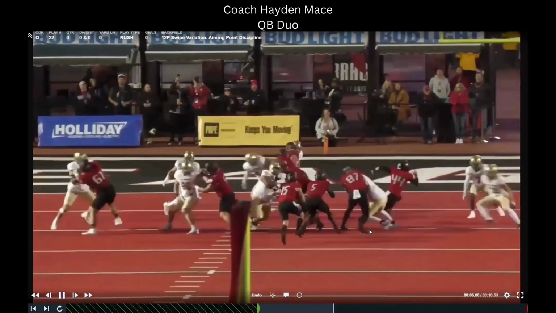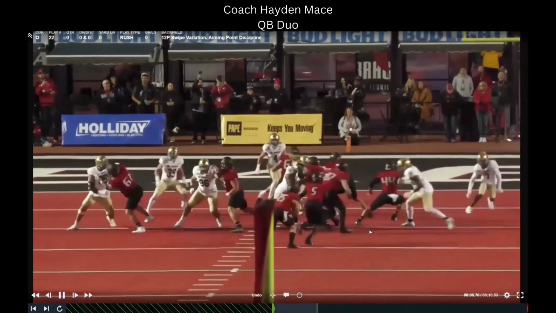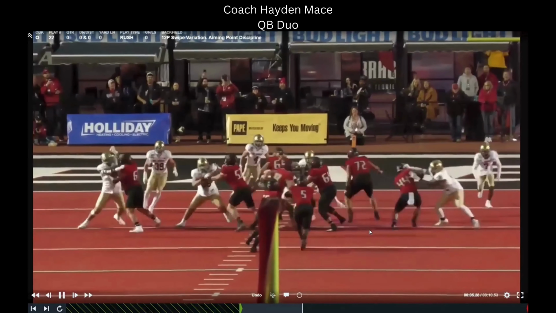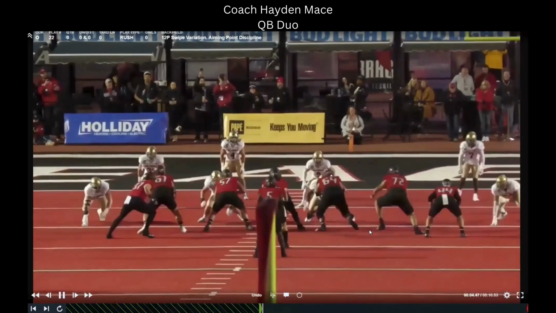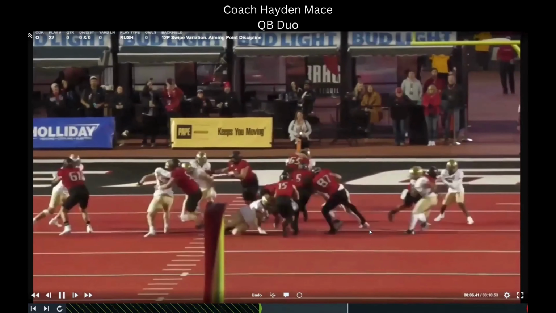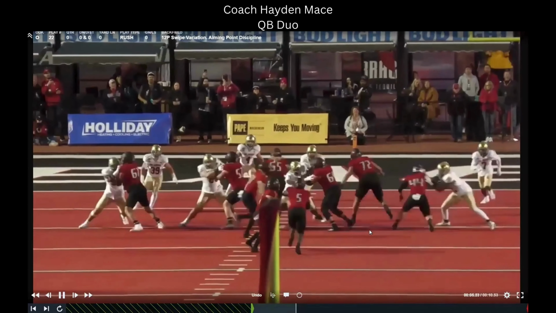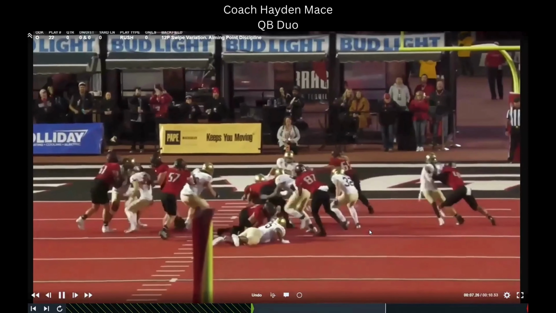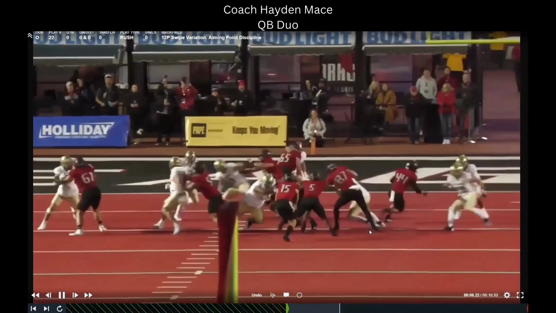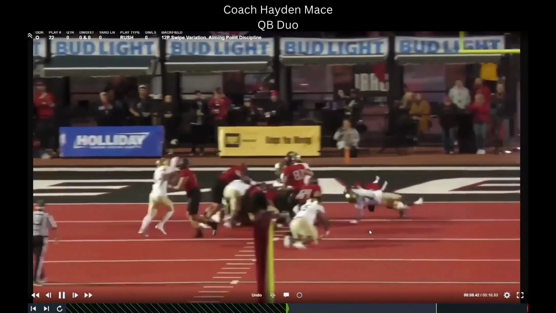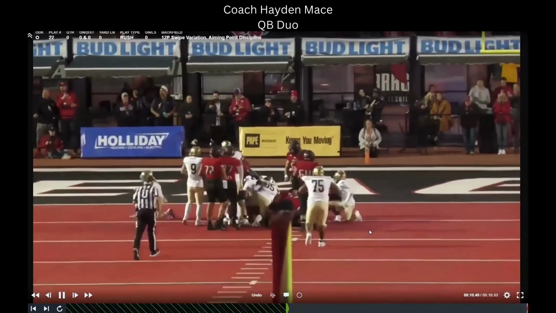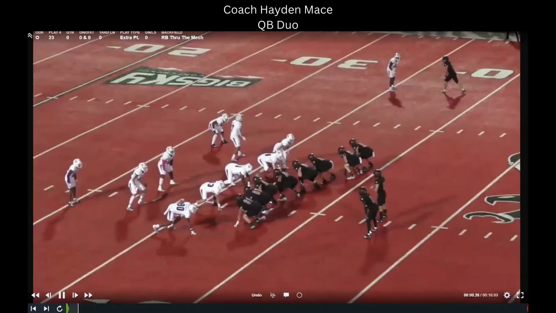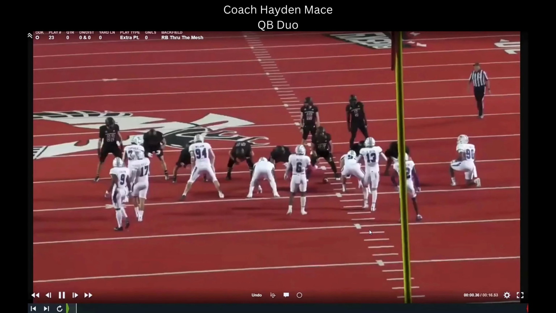It's not the sexiest thing, but we're sifting through with number 44. And then 87 coming across. Would love to see him get a little bit tighter here so he's not getting spilled. But a really good job by the back to force it up and through. Really good job by the quarterback here in his aiming point to get the ball vertical and go get us the 1 to 2 yards that we need in these short situations.